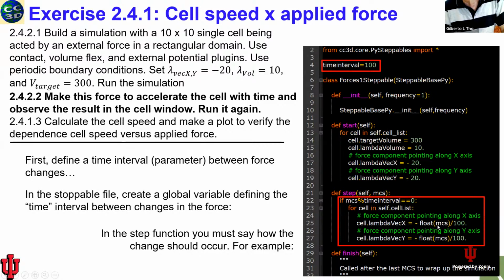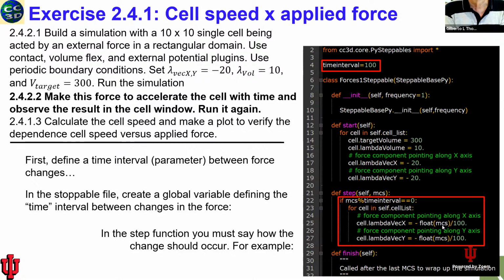Another thing is that you have to transform MCS into a real variable, because we are using the operation of division, and if you don't transform it into a real variable, you're going to be in trouble sometimes. MCS is an integer variable.